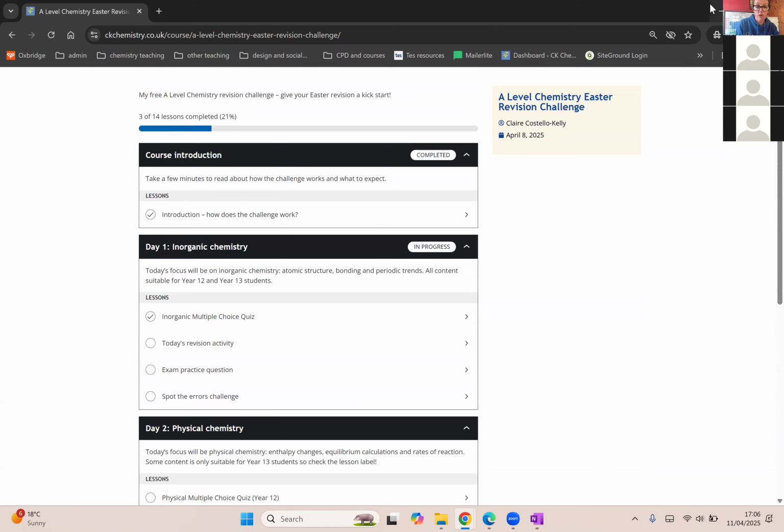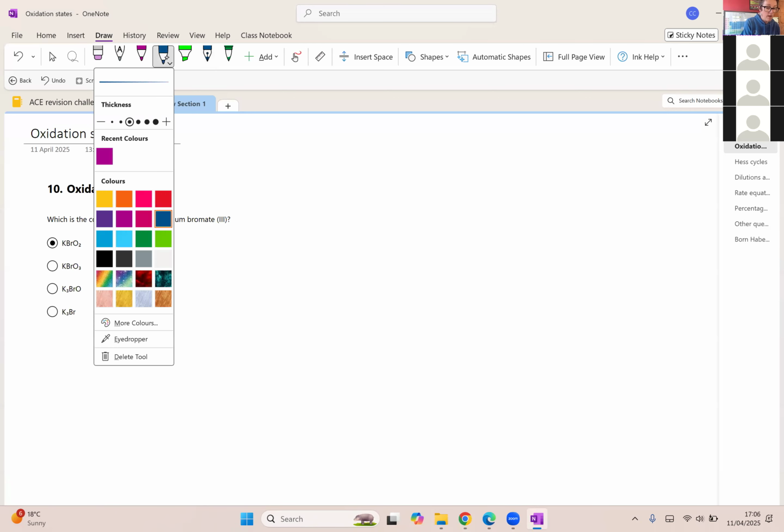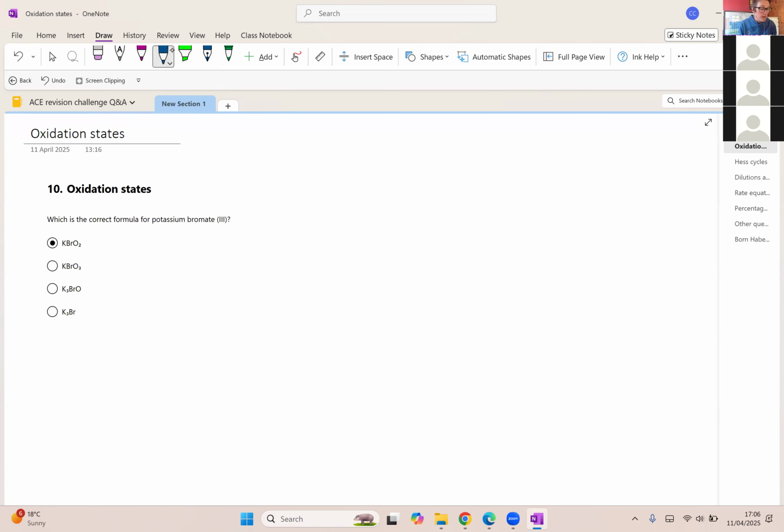Okay, let's get on to some chemistry. I've had a question about one of the multiple choice questions on oxidation states, and the formula from the name, and why that's the correct formula for potassium bromate, or how you would work that question out. So we've got potassium.